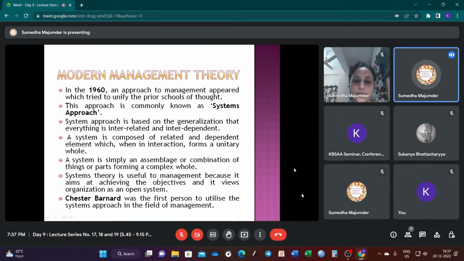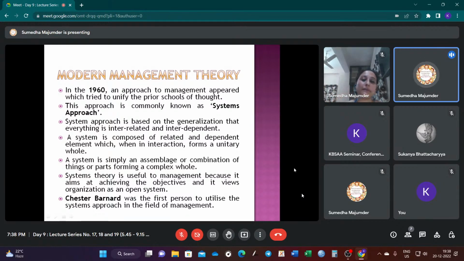Under this approach, it is believed that all the components or all the elements of the company are interrelated and interdependent. So from that point of view, the system approach believes that there should be a particular combination of several parts or things that actually simplify our organized business work, and also minimize the complexity of performing any activity in the business.